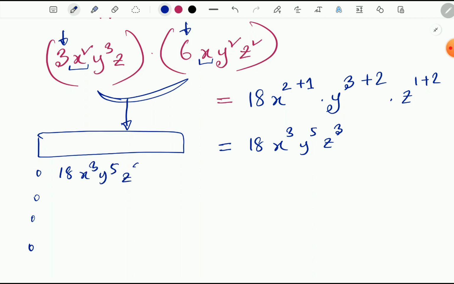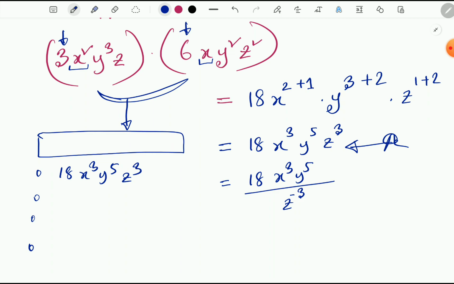No, I cannot guarantee they would be simply like this, because this answer can be simplified further or written differently. For example, if I write 18 x cubed y to the 5 and then z inverse, is it not the same? Yes, it's the same, because z to the inverse of 3 means actually z cubed.